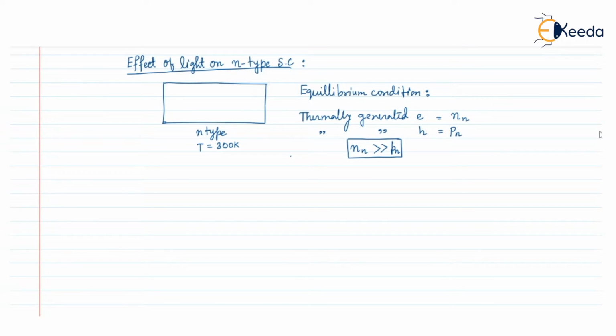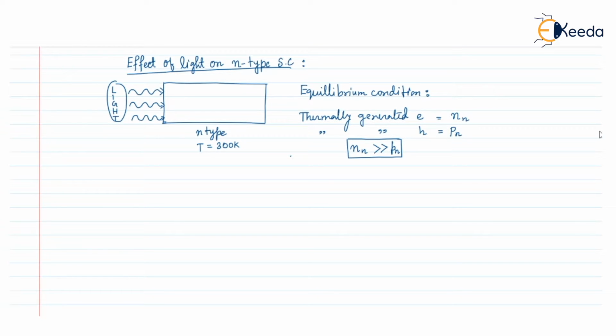Now, let us consider that light is incident on this N-type semiconductor.